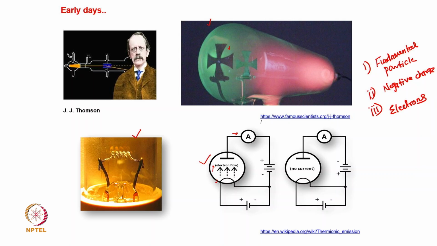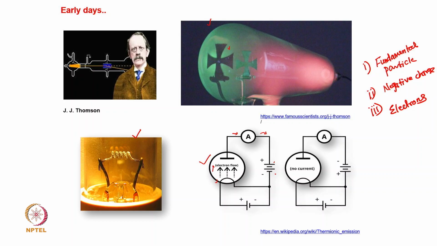Now, one can apply a voltage source here with positive and negative potential on these sides. So, the particles which are coming in this direction are attracted by the positive plate of the battery.